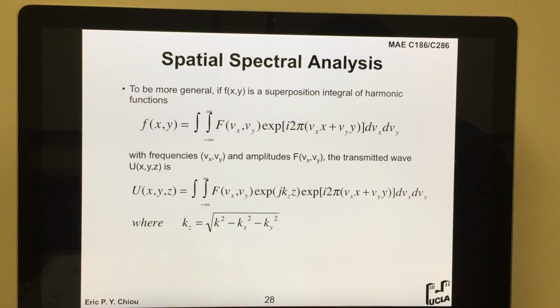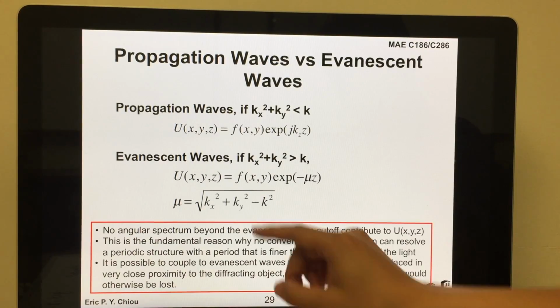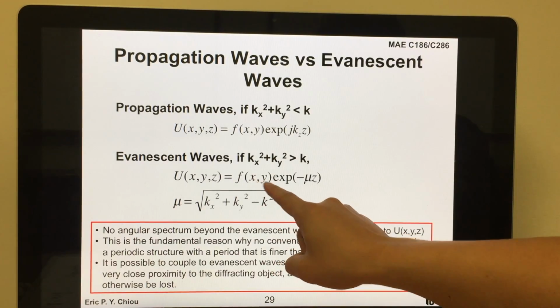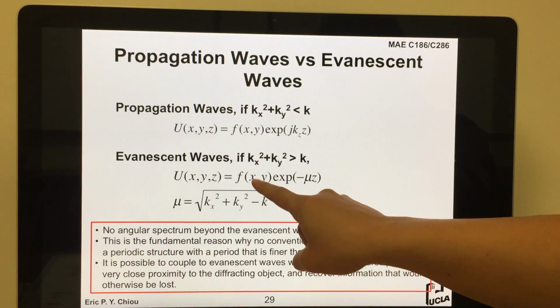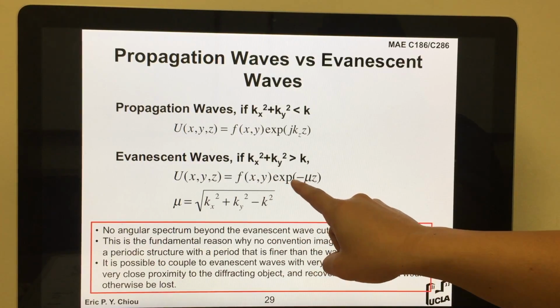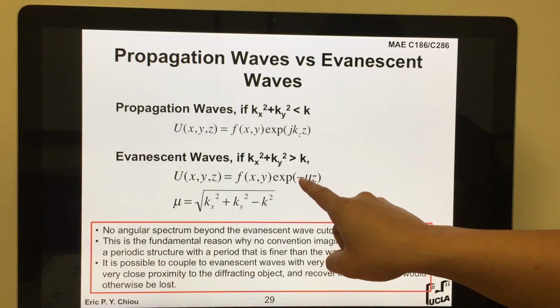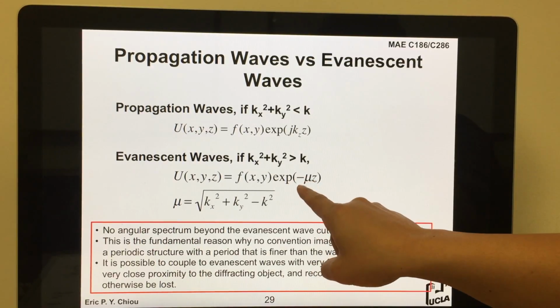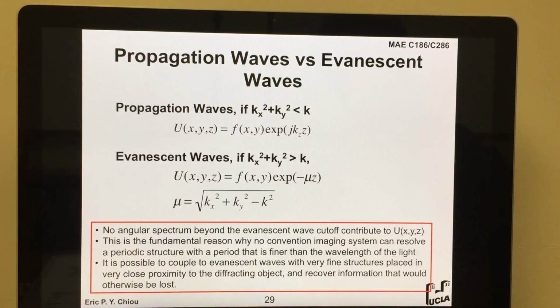So when this high frequency wave propagates, instead of a propagating wave, you have a decaying wave. This is an evanescent wave. It's kind of different from total internal reflection.